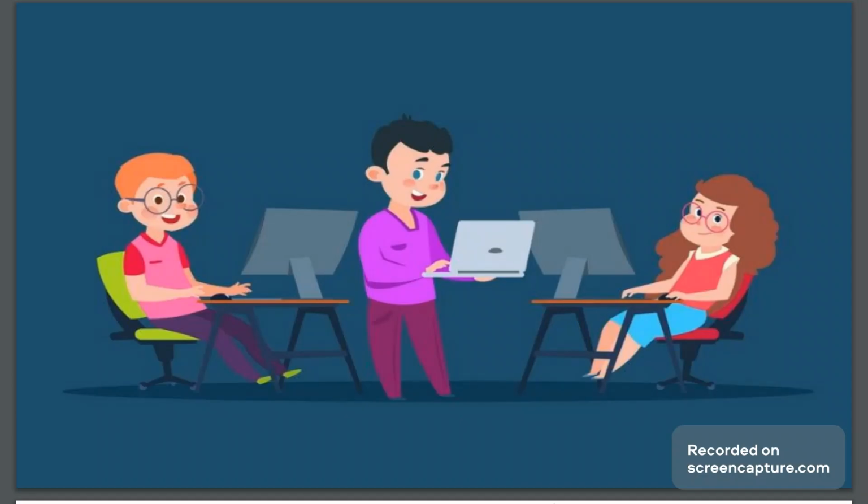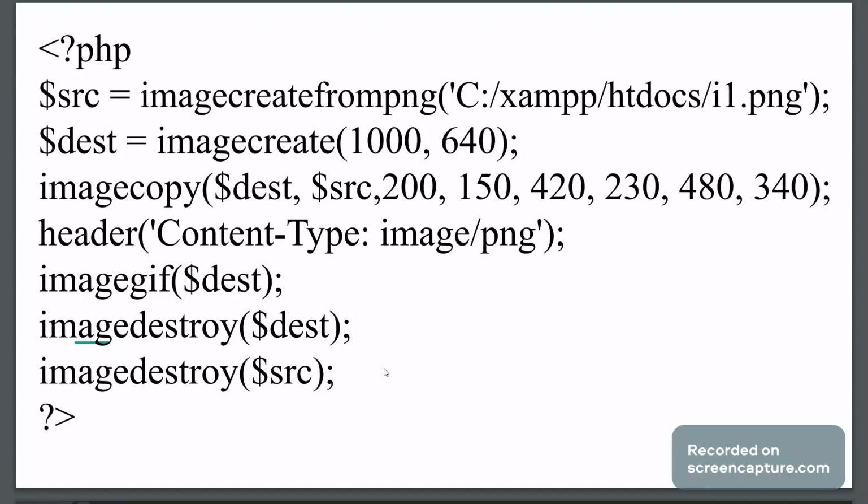Let's see how we can implement this imagecopy function in PHP. See the code. We have the start PHP tag and the source image. Suppose, as I have shown this I1 image to you, I want to copy part of that image to my image.